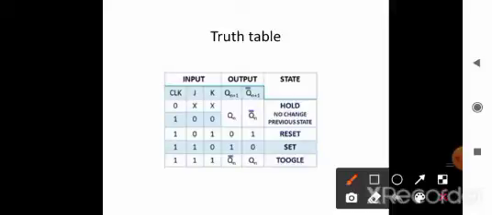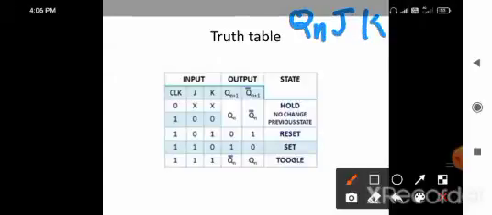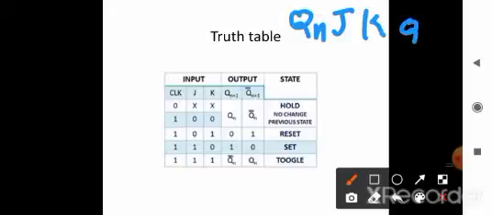So what do you mean by a characteristics table? A characteristic table will contain your Qn, J, K and your Qn plus 1.